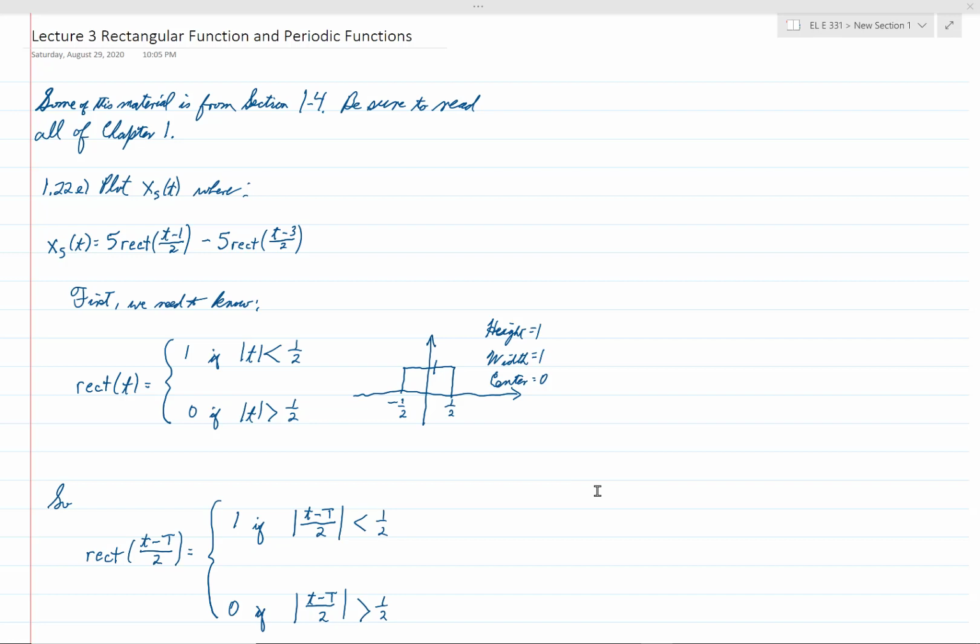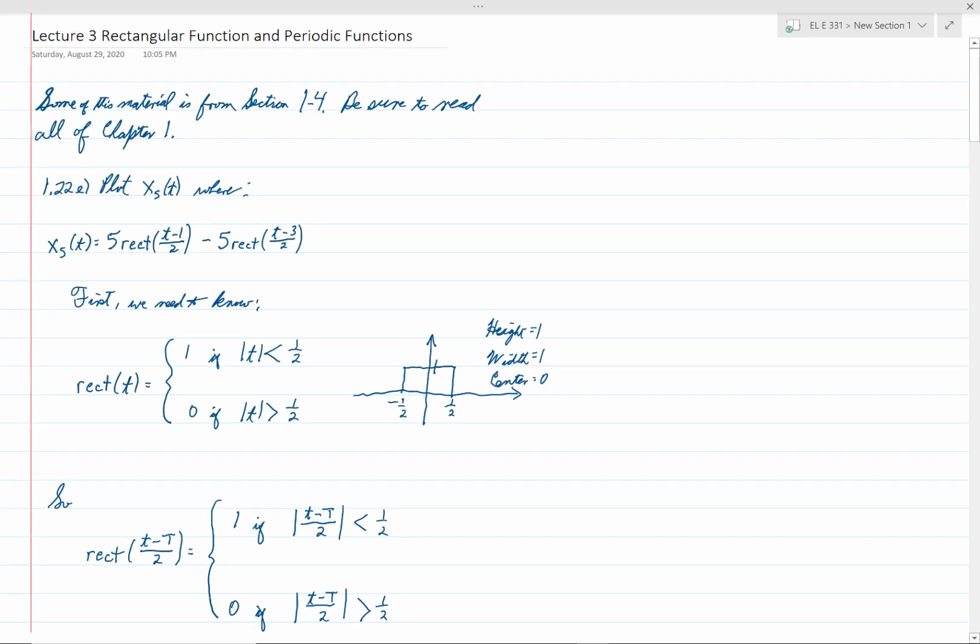Okay, now that's not going to be quite good enough for us to do this problem, because we need to know what happens when we shift and scale this. But fortunately, we have learned techniques for answering that question.